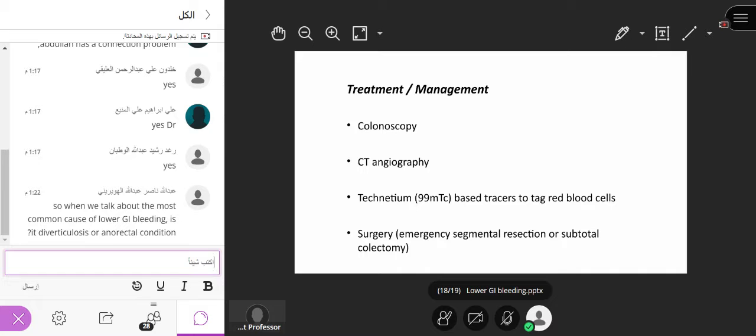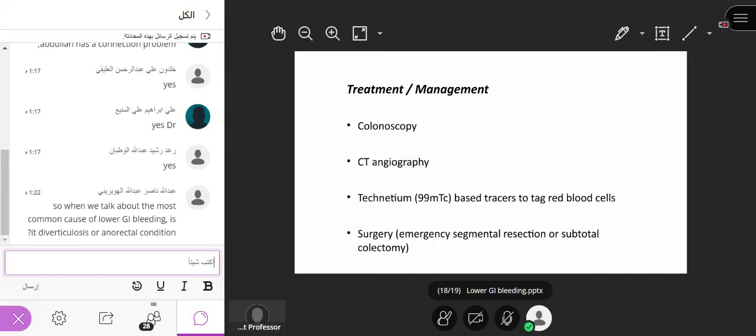And if that is also not possible, then we do surgery and we see which part is bleeding and we do resection of that part, and it can lead to subtotal colectomy and will lead to short gut syndrome. So it depends. You start with the initial stages: colonoscopy, CT angiography, technetium based tracer to tag red blood cells.